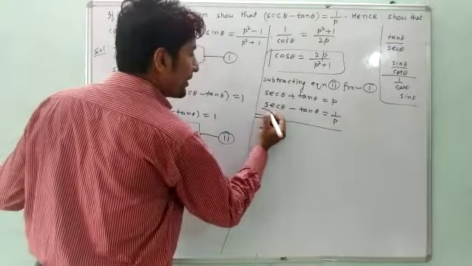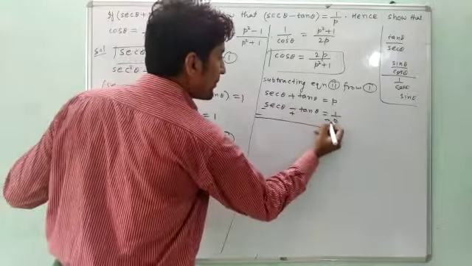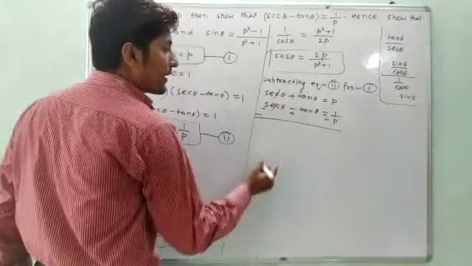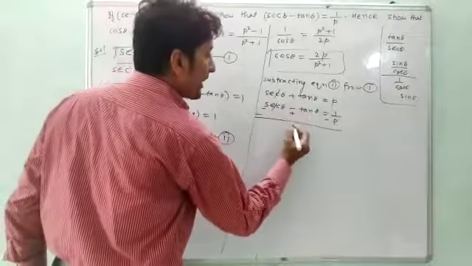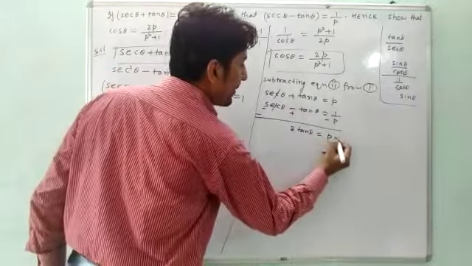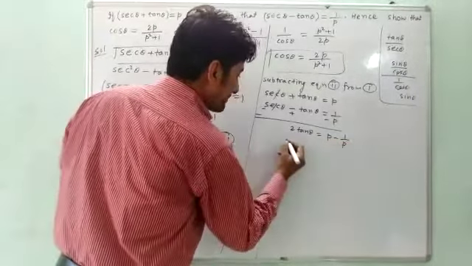Positive will be converted to negative and negative to positive. Sec theta minus sec theta, both will cancel. Plus tan theta plus tan theta equals 2 tan theta equals P minus 1 upon P.